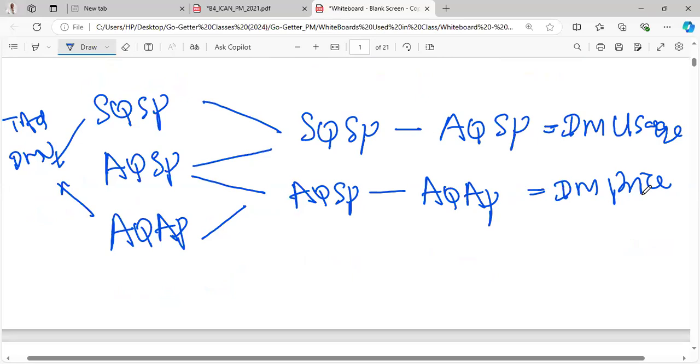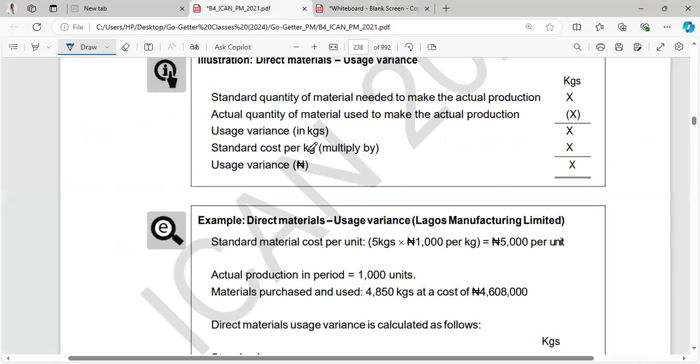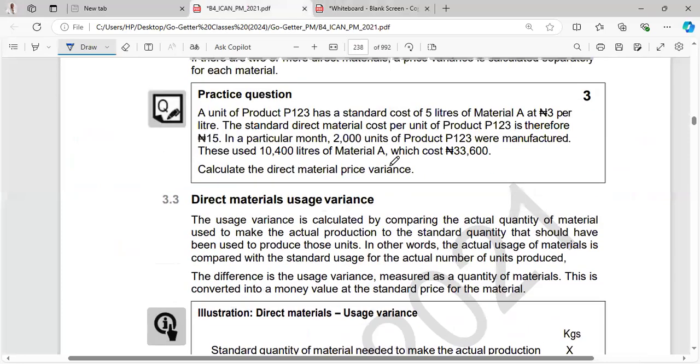Now, it is important to note that once you can derive the first one, you can derive every other thing. Before we derive every other thing, let's go and treat the other questions that we were given.